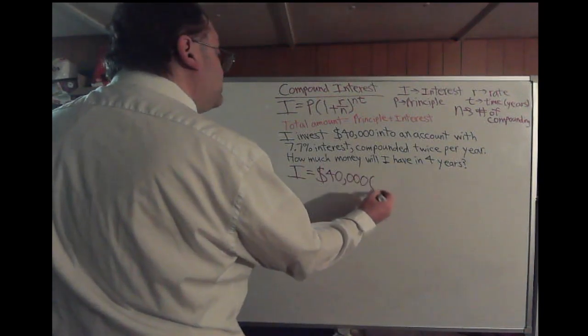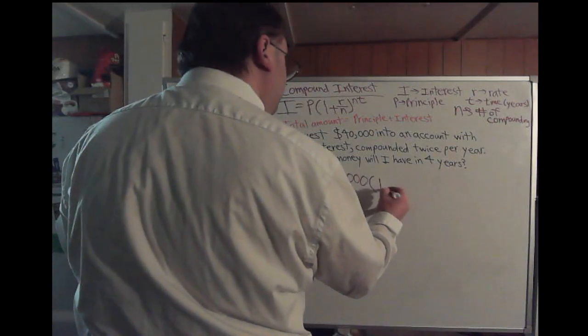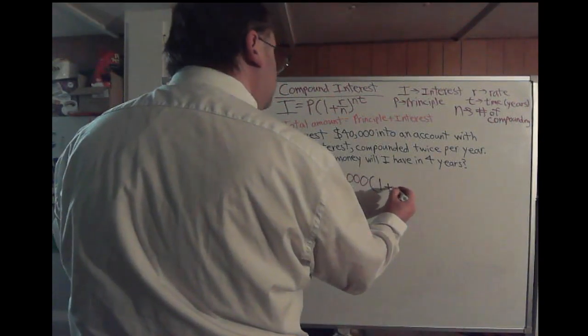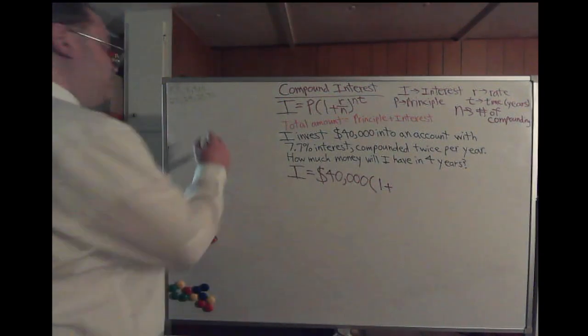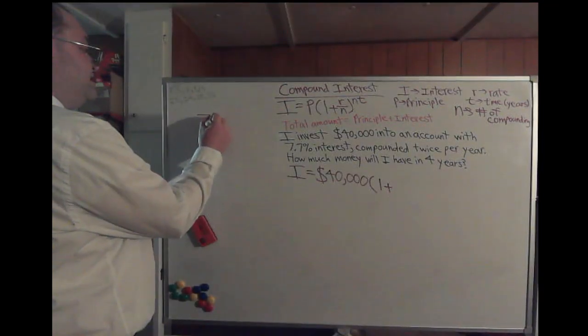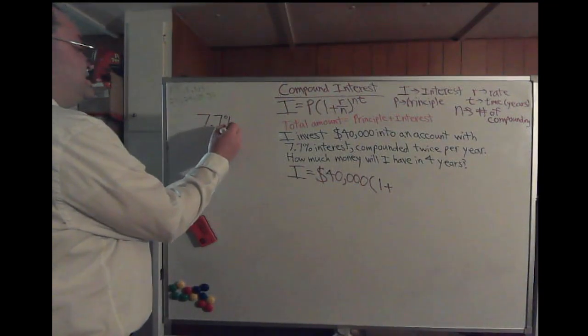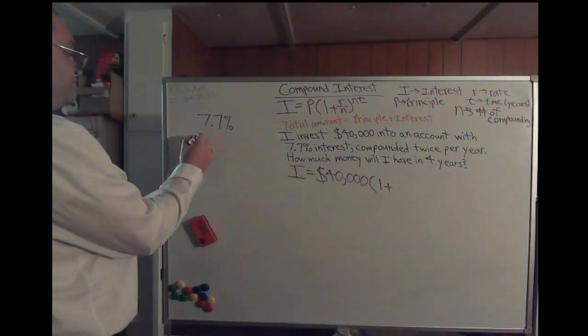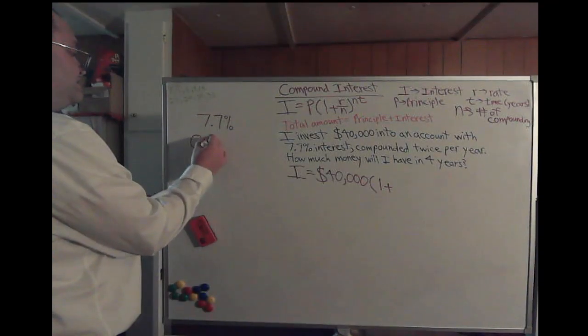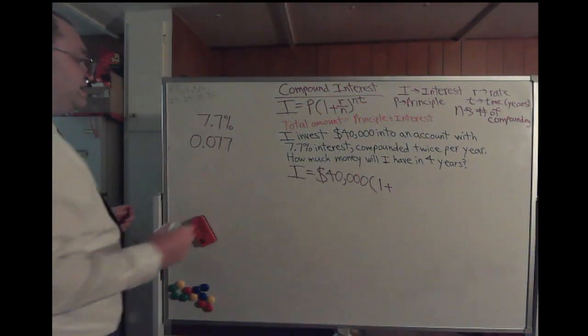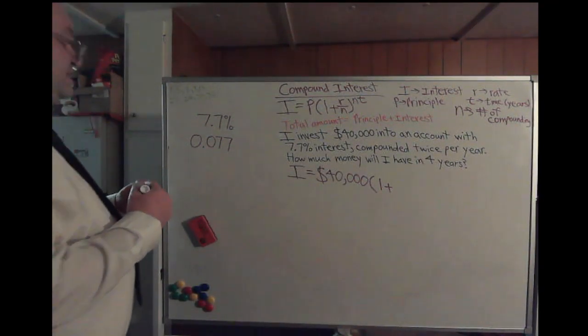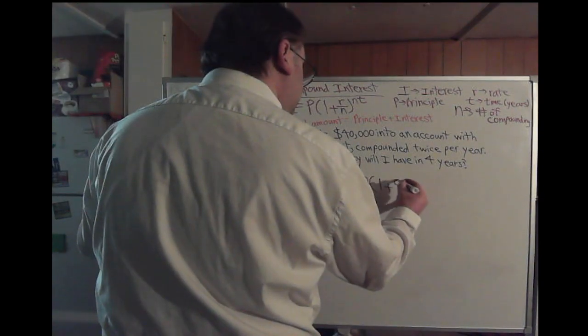All right, times the quantity of 1 plus that rate of 7.7%. It's going to help us if we figure out on the side what is that 7.7% as a decimal. That's going to be 0.077 as a decimal.